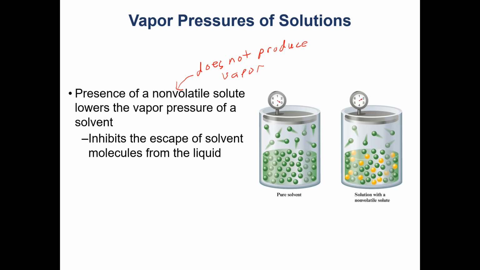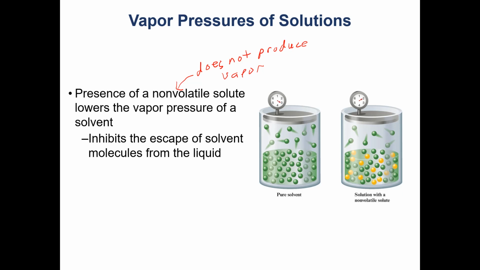There are other liquids that do not produce hardly any vapor. So if we put one of those that does not produce very much vapor into something that does produce vapor, it lowers the vapor pressure of the solvent. What happens is that it keeps the solvent molecules from escaping from the liquid.